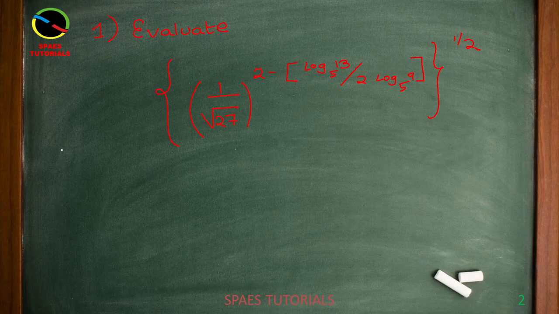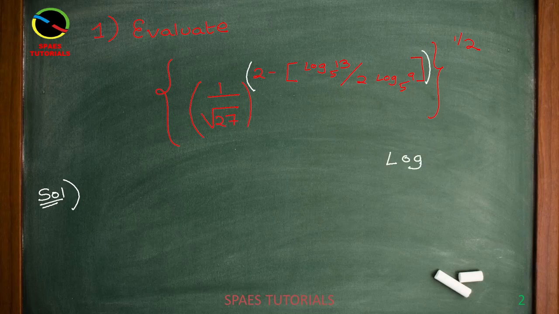Subject is very interesting, the only thing is we need to know how to apply it at every point. Let's see. Here 1 by root 27 is there, and the power is 2 minus log 13 base 5 divided by 2 log 9 base 5.